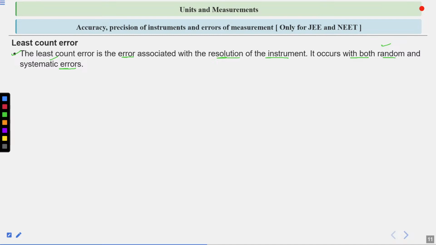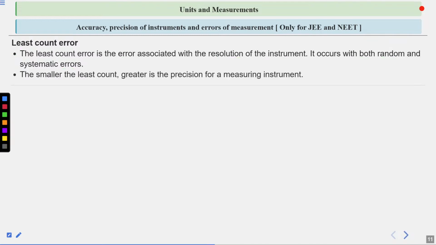So least count errors occur due to random and systematic errors. The smaller the least count, the greater is the precision for a measuring instrument.